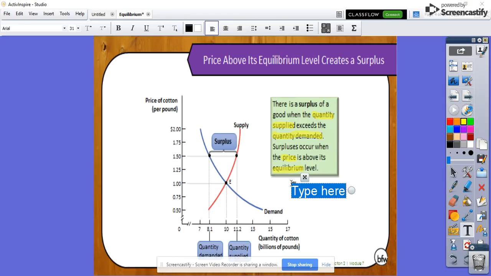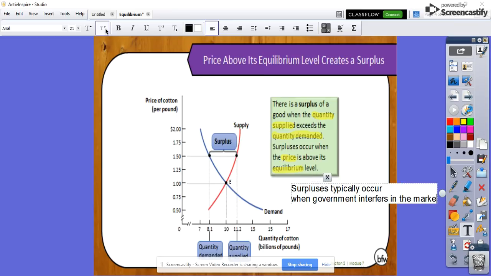Surpluses typically occur when the government interferes in the market.